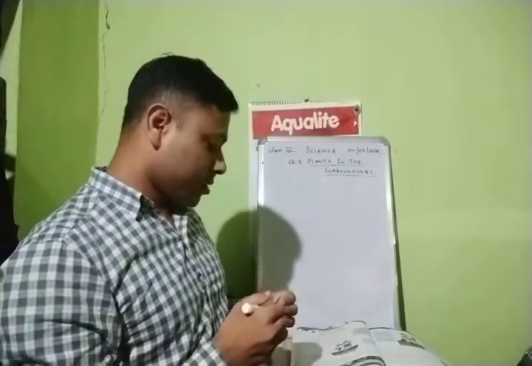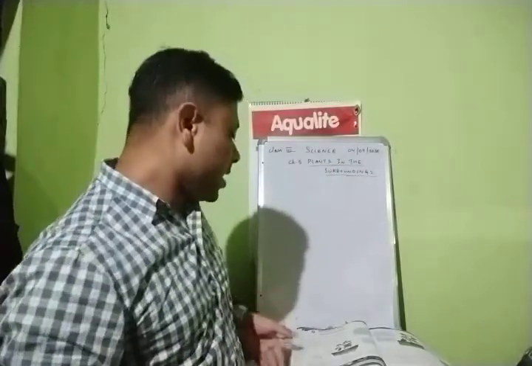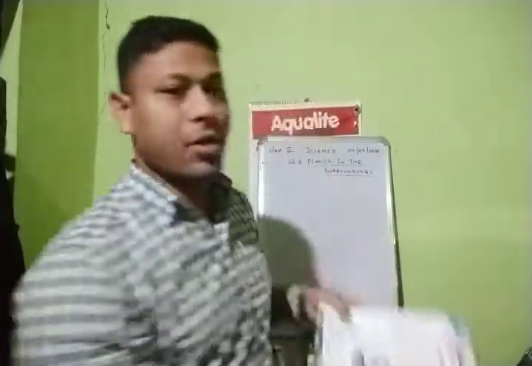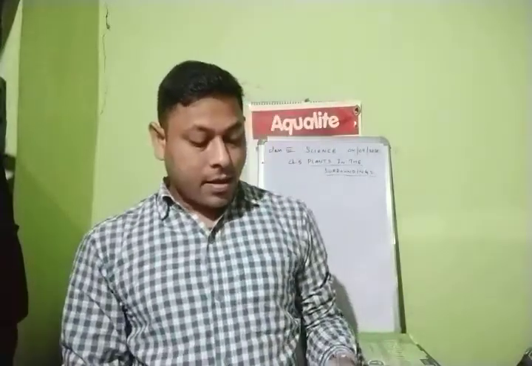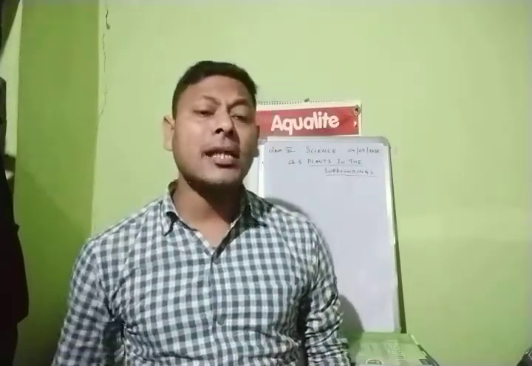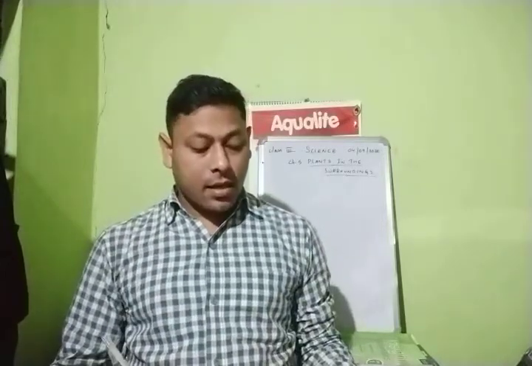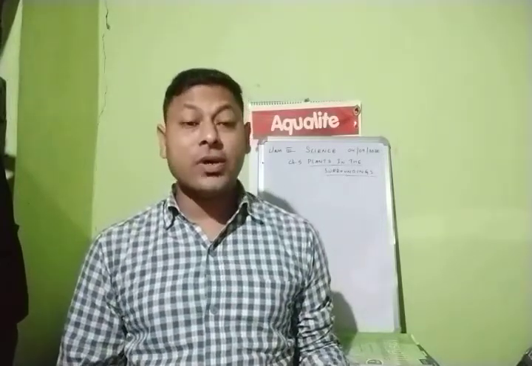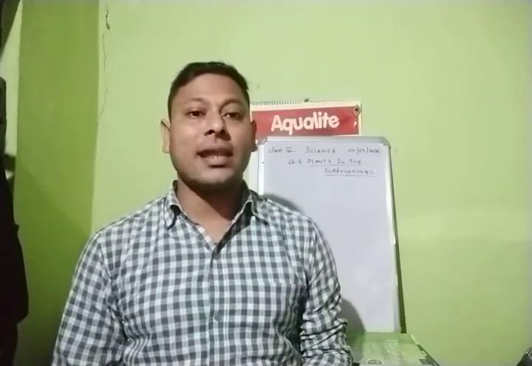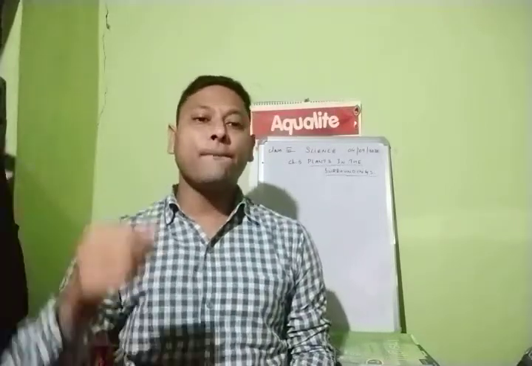Right, children? So, let us go through our chapter now. Plants are one of the most important living things. This is a very important point: plants are one of the most important living things which also support life for human beings.